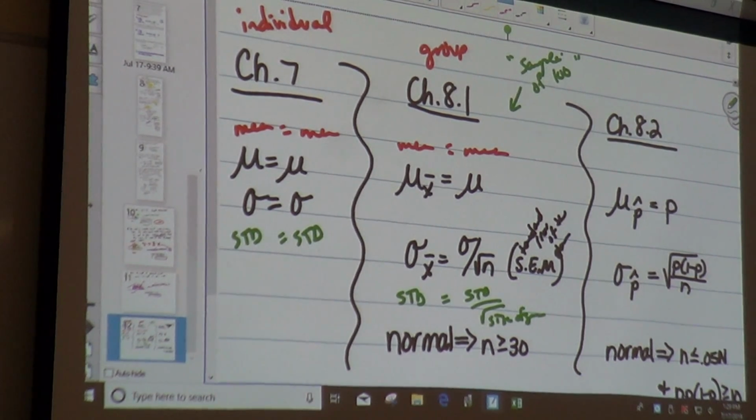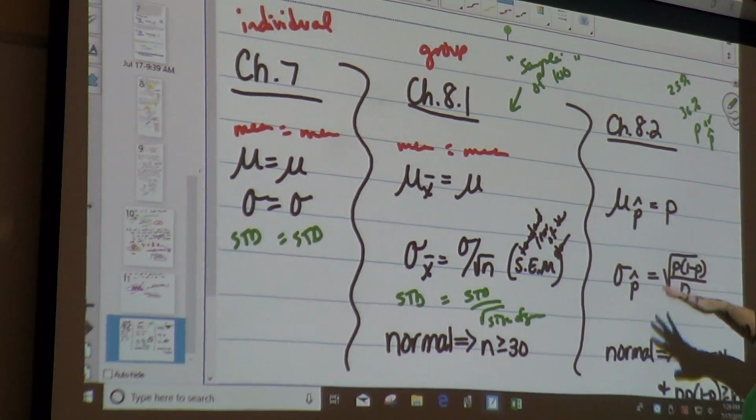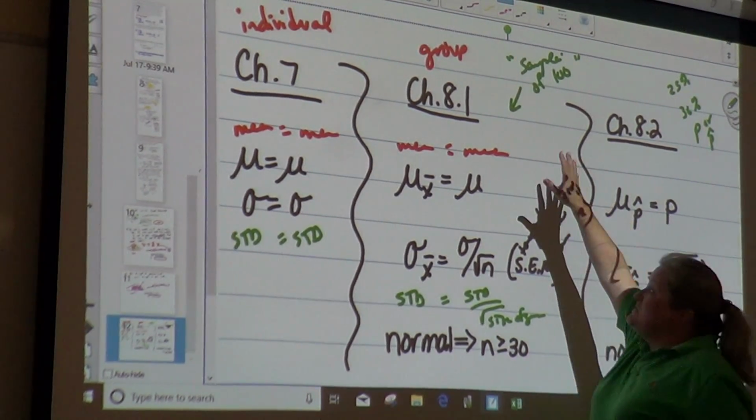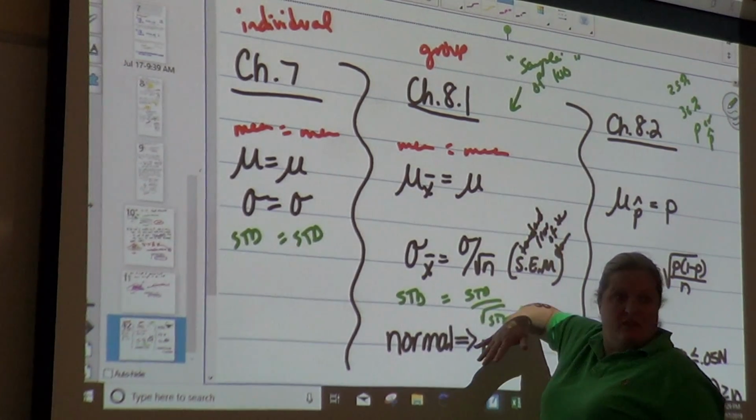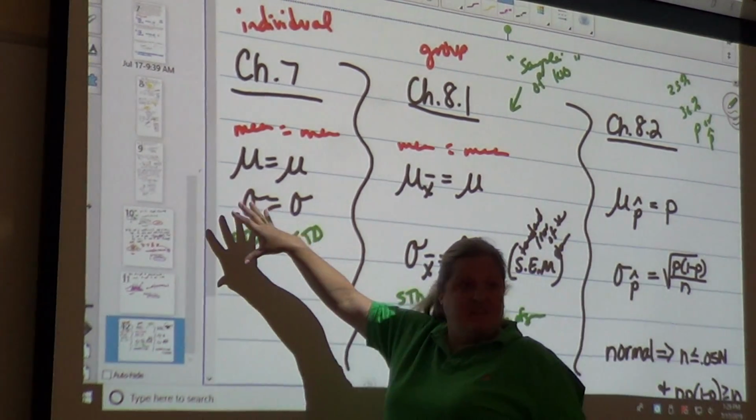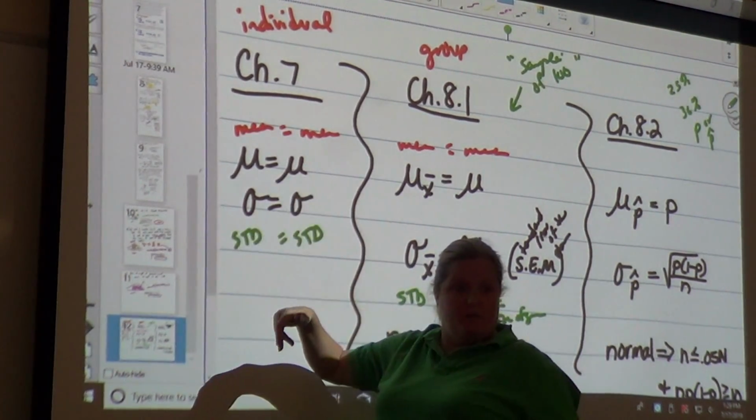This one's gonna say 25% or 36%. It's gonna have some kind of percentage in the problem, or it's either gonna have a P or a P hat. That's telling you it's gonna be one of these problems. Sample size is telling you it's gonna be one of these problems. If it doesn't have any of that, it's straight up one of these problems.